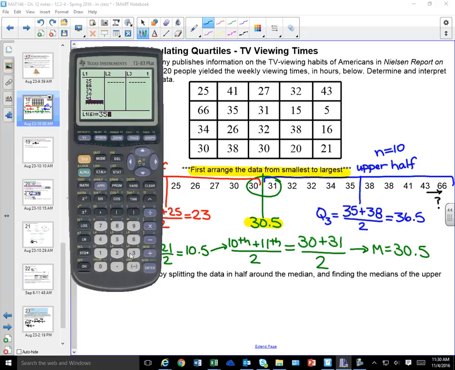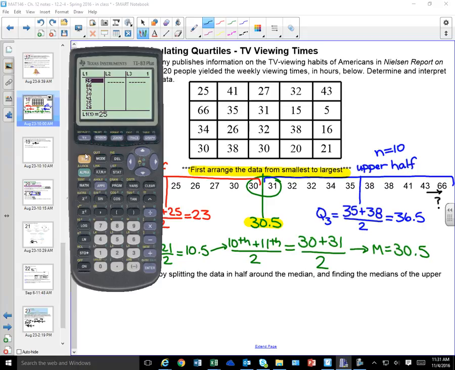So let me type that in, and you can be typing it in at the same time if you want. Let me make sure I didn't make any weird mistakes there. Okay, everything looks good. So there's my data in L1.